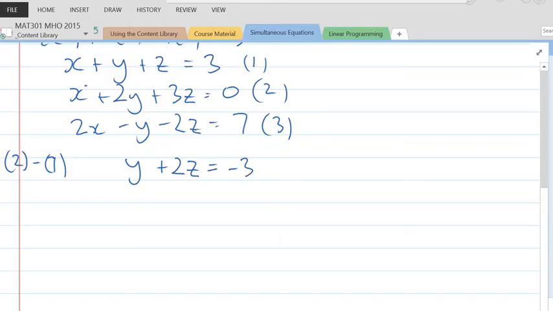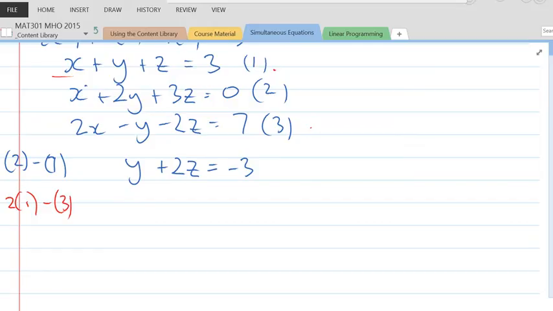And then with the 1 and the 3, I need to double this one. So I'm just going to do 2 times equation 1, take away equation 3.